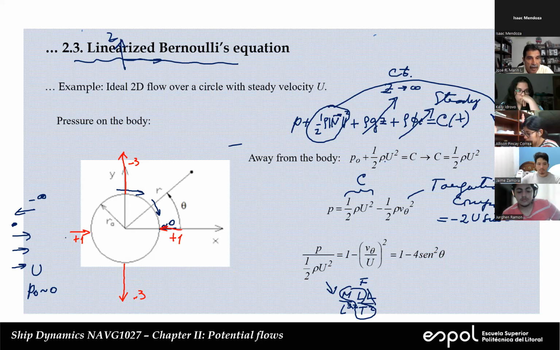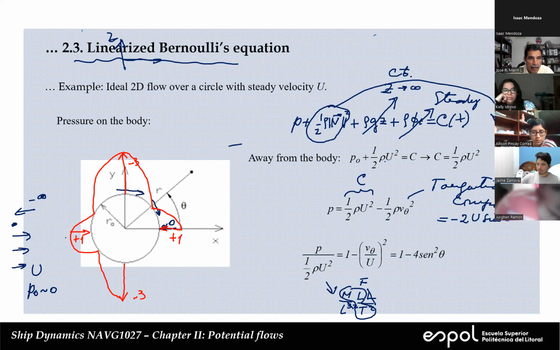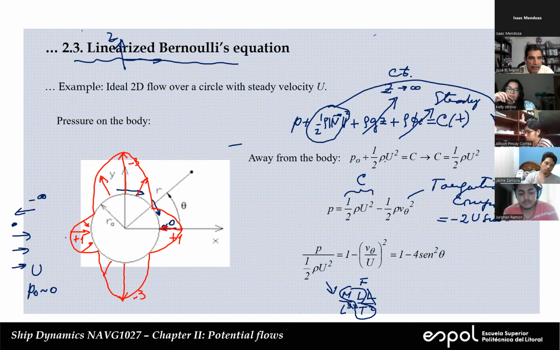So we have positive pressure somewhere here, go to 0, and then we have something like this. So this is the pressure: negative, negative. Here is positive, positive, positive, positive, negative. This is negative, this is positive.